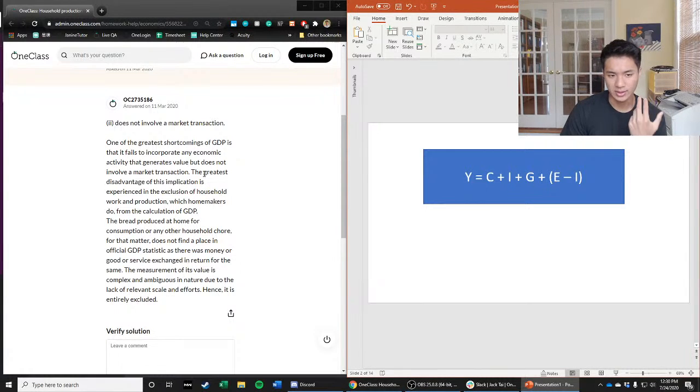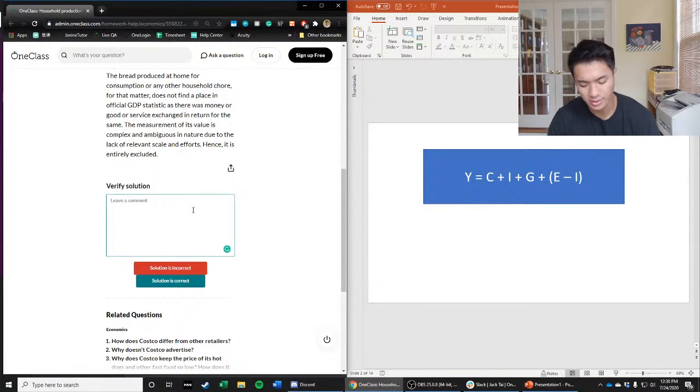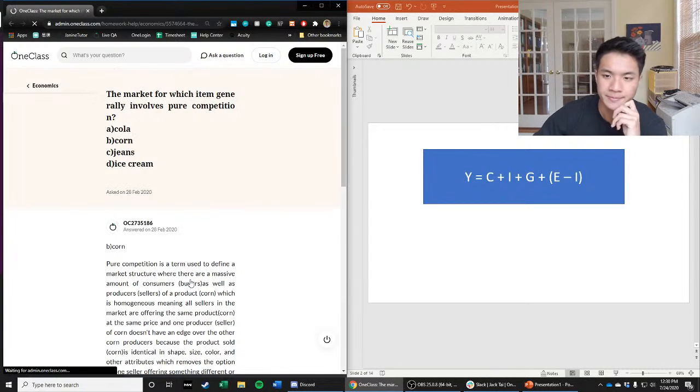Bread produced at home for consumption, or any other household chore for that matter, does not find a place in official GDP statistics, as there was no money or good or service exchanged in return for the same. The measurement of its value is complex and ambiguous in nature due to a lack of relevant scale and efforts, hence it is entirely excluded, right? So it's a good explanation. Mark that as correct.